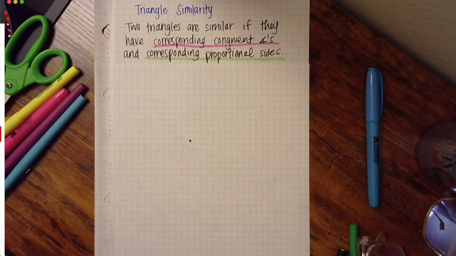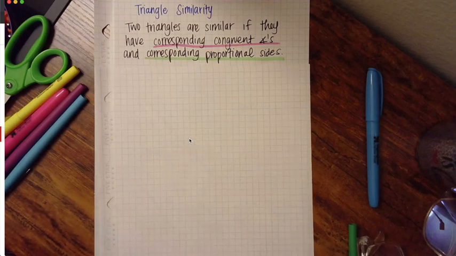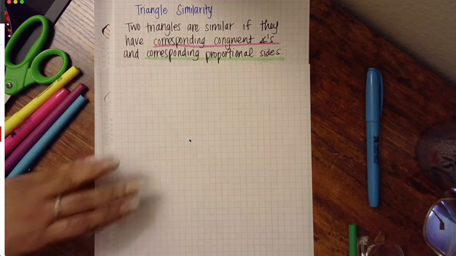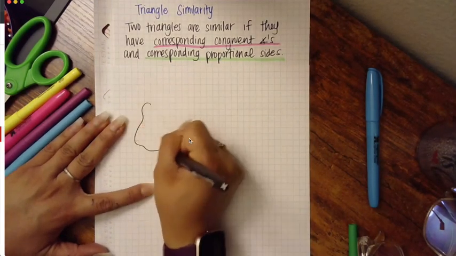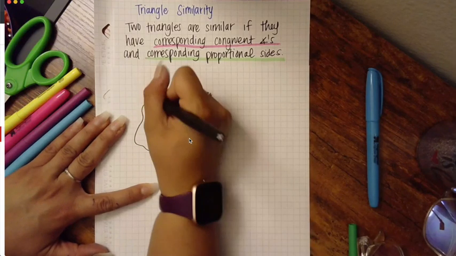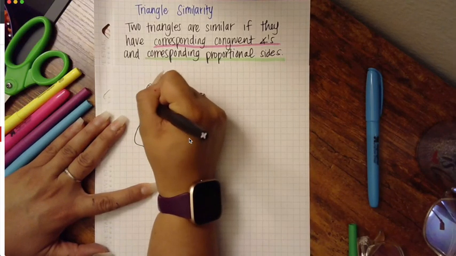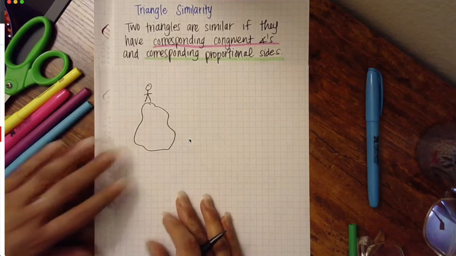So we're going to begin with a little scenario. I'm going to draw a little rock. There's this rock here. Somebody is standing here on top of this rock, okay?